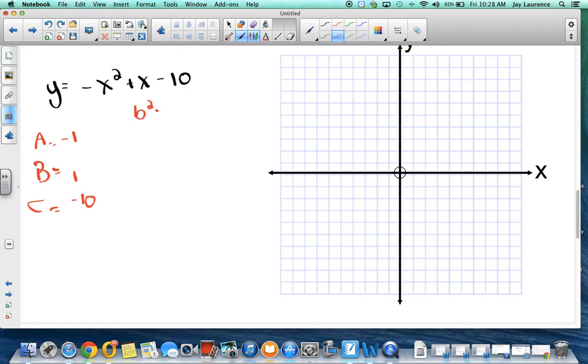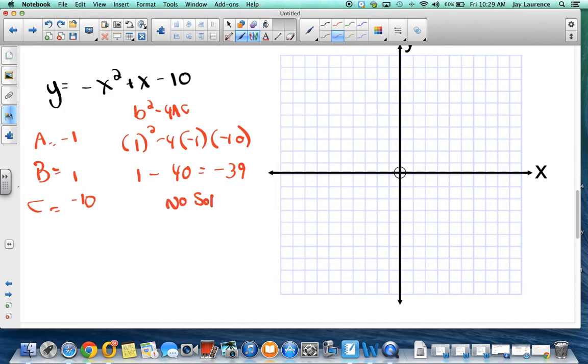The b squared minus 4ac. So we got b squared minus 4 times negative 10, just like that. So I'm going to get 1 minus 40, which is going to be equal to negative 39. There are going to be no solutions, which means this graph will not touch the x-axis, right?